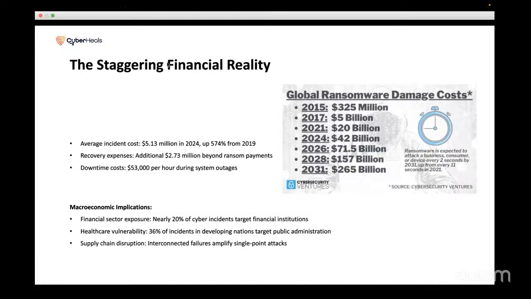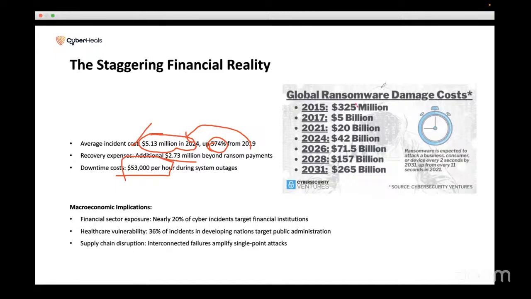So what is the financial reality? The average incident cost is $5 million. It increased almost 600% from 2019 to 2024, in 5 years. 2.7 million beyond ransomware. Downtime cost is $53,000 per hour.